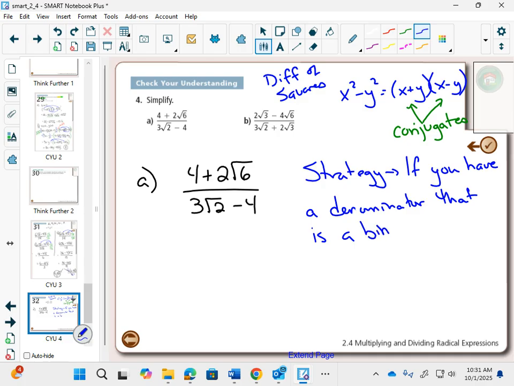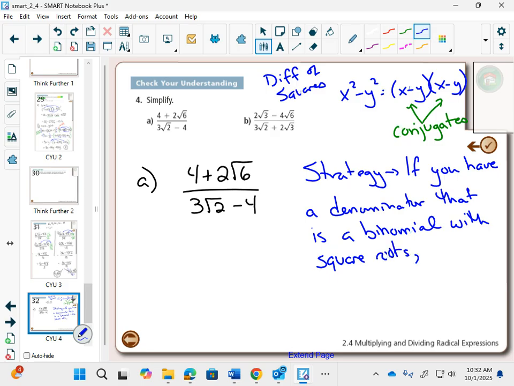Look at all these math words we have to put into this strategy. If you have a denominator, that's the bottom of your fraction, that is a binomial, two terms makes a binomial, with square roots, comma.